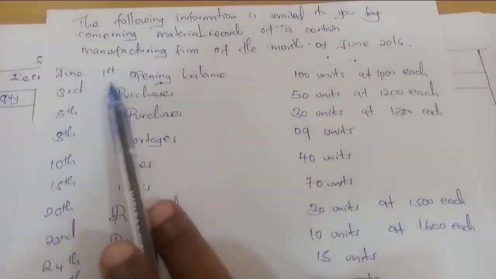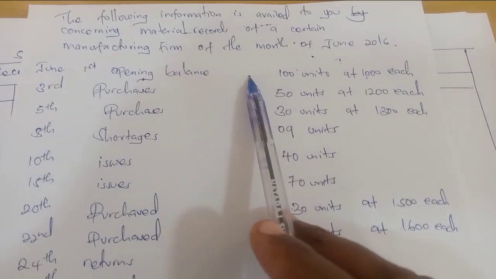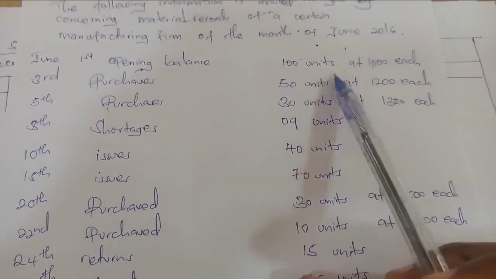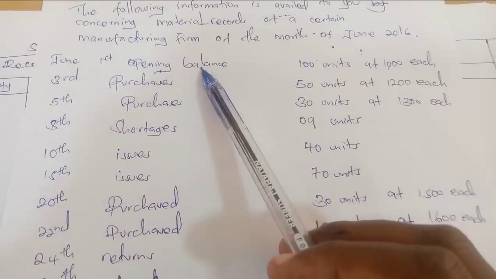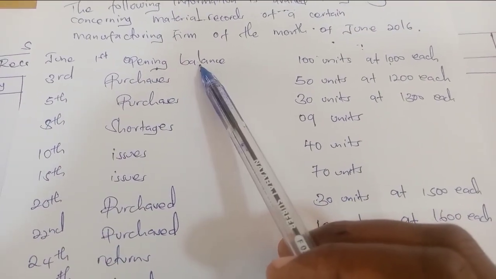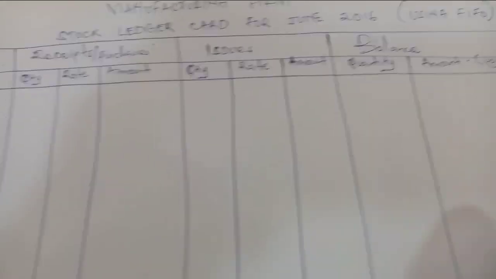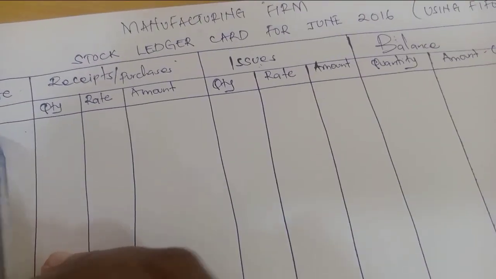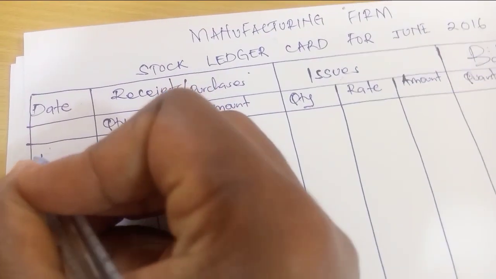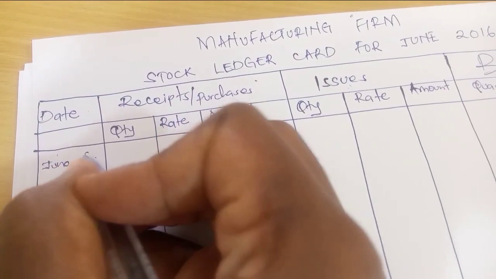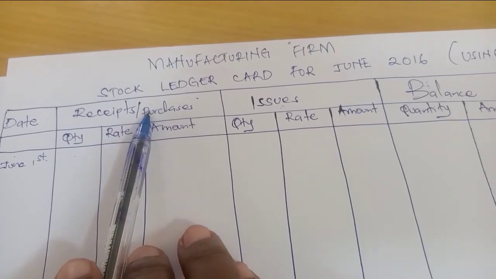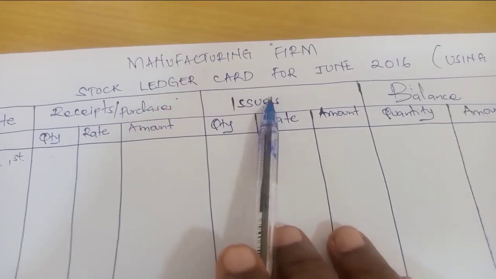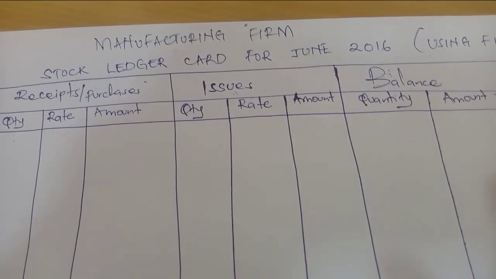They said on 1st June there was an opening balance of 100 units at 1,000 each. So this is just an opening balance. It's not a purchase and it's not an issue. So we come here where there is date and write June 1st, since it's a balance, an opening balance.